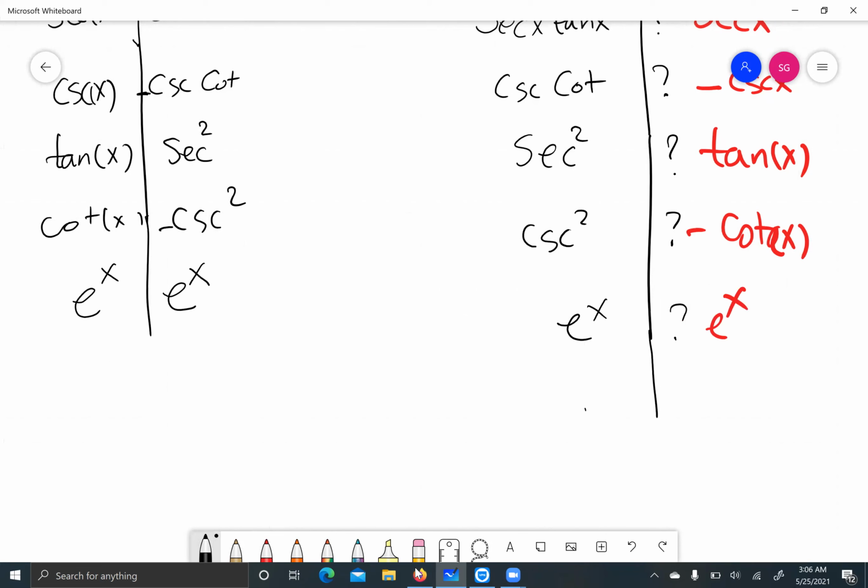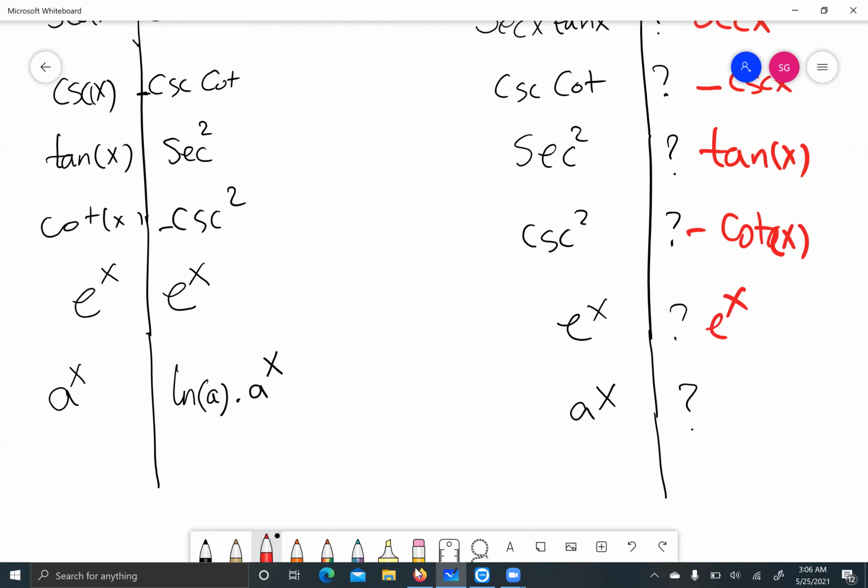But a to the x, what's the antiderivative of a to the x? If your function is a to the x and you take the derivative, it's going to be natural log of a times a to the x.